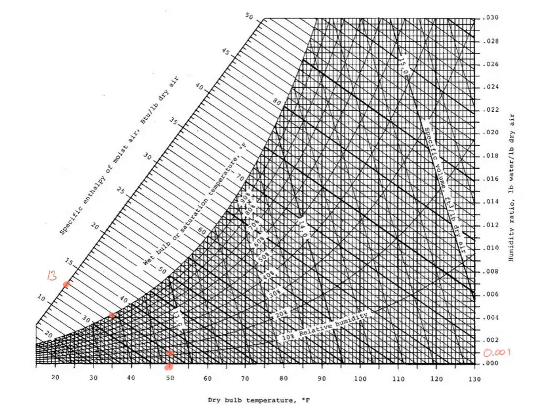So that's the mixture enthalpy at state 1, and for state 2, we were at 120. We're going to be off the chart for state 2, but we can get those two values. For state 3, we have our 13 here for mixture enthalpy, and we have the 0.001 for the humidity ratio.